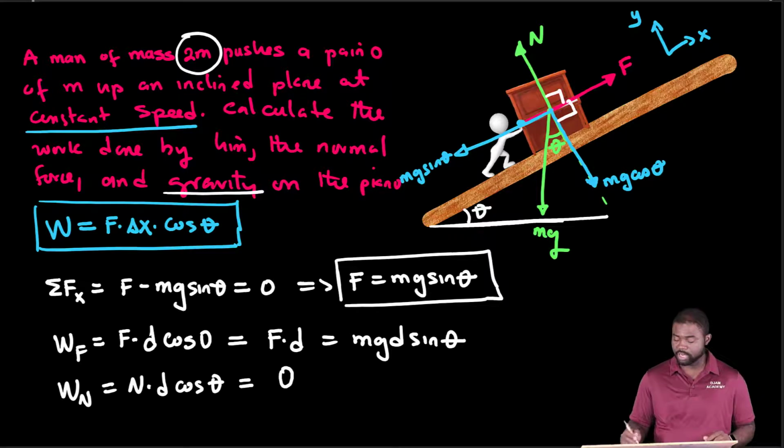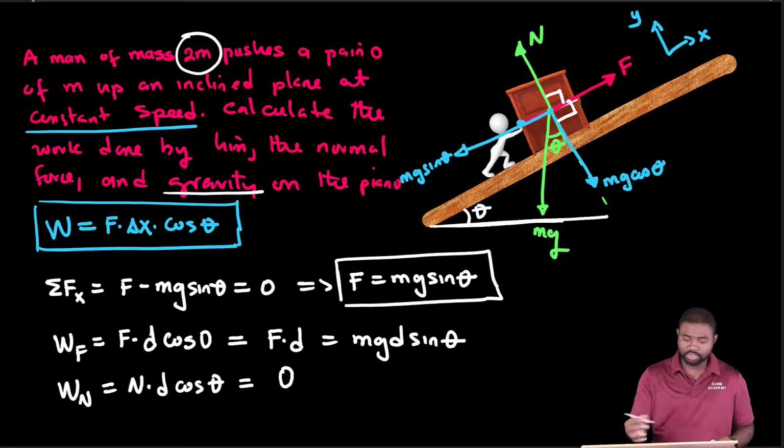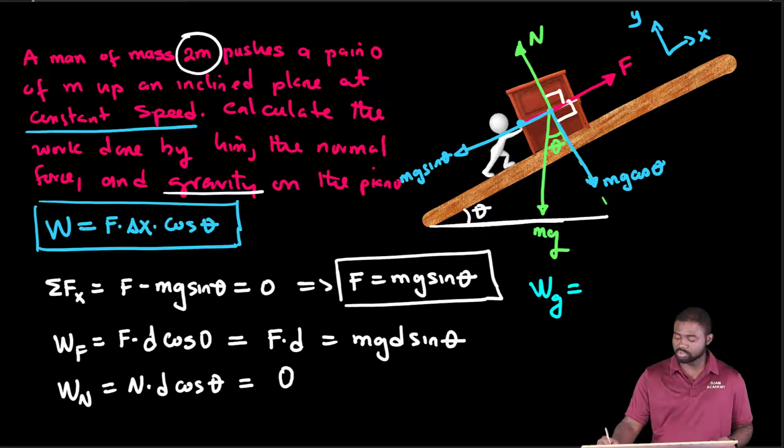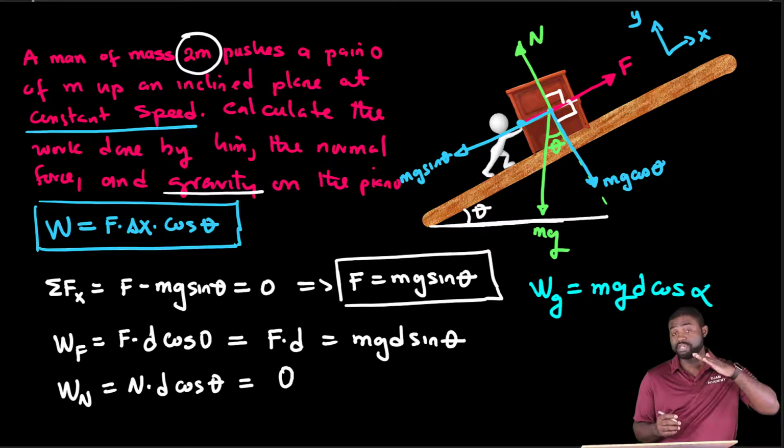So the work done by gravity, Wg, is equal to the gravitational force mg multiplied by that distance d, multiplied by the cosine of the angle, which I'm going to call alpha, between the displacement vector and the force.